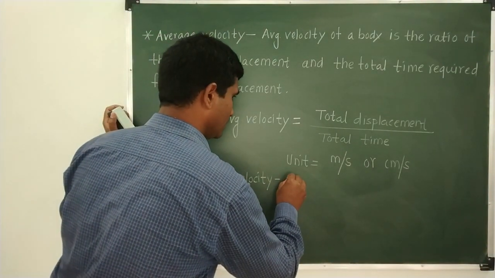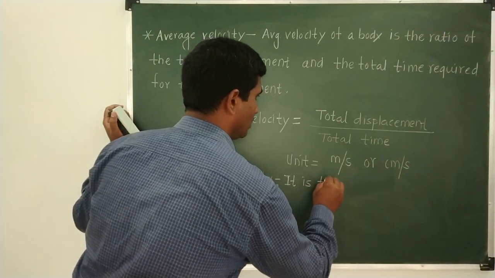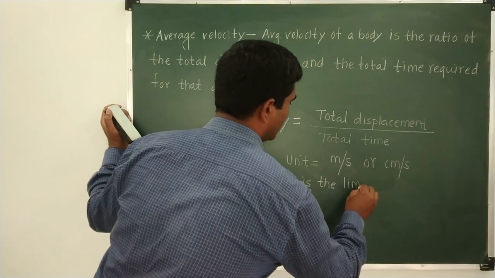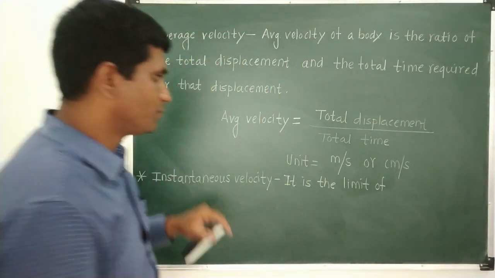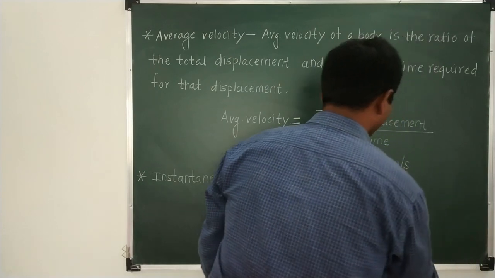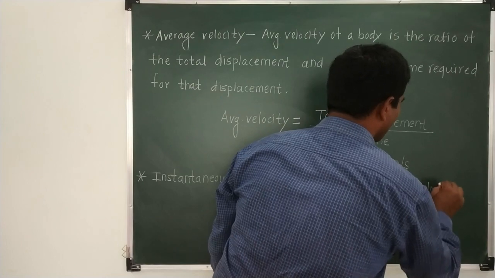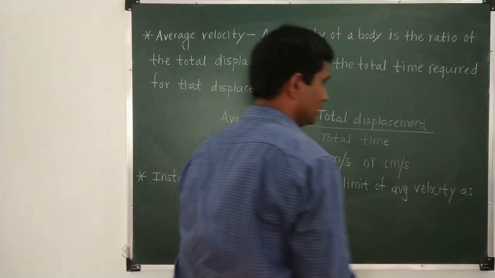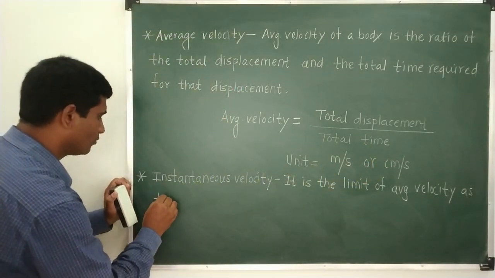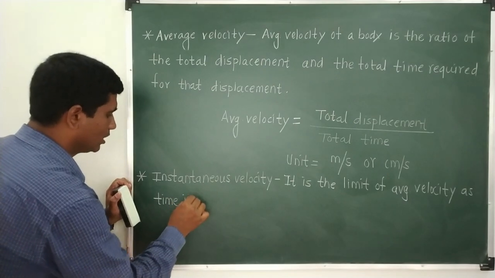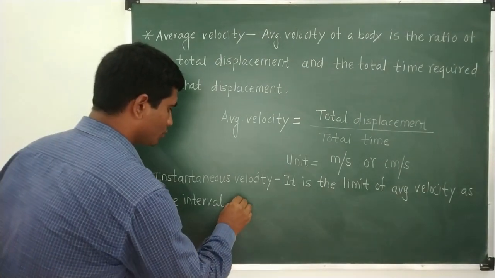It is defined as the limit of average velocity as the time interval, I am talking about the total time, approaches zero.